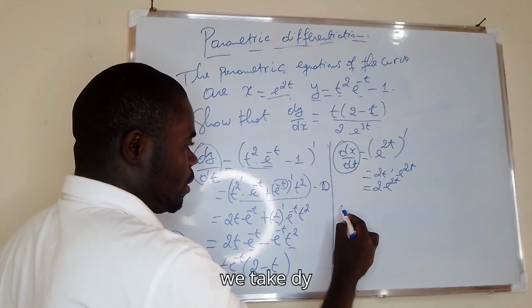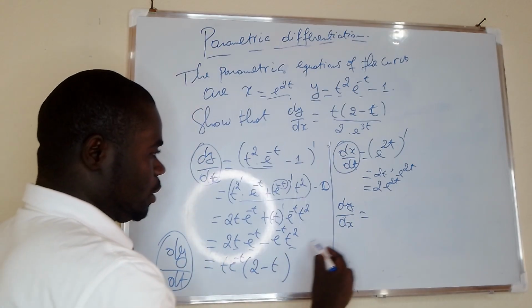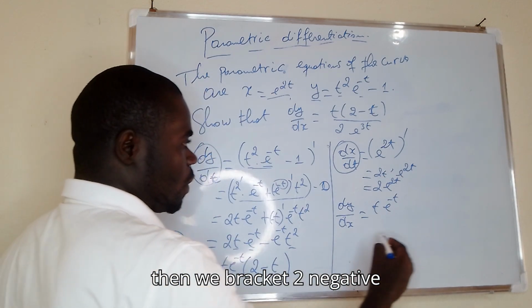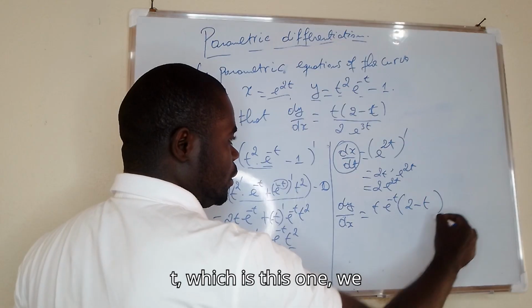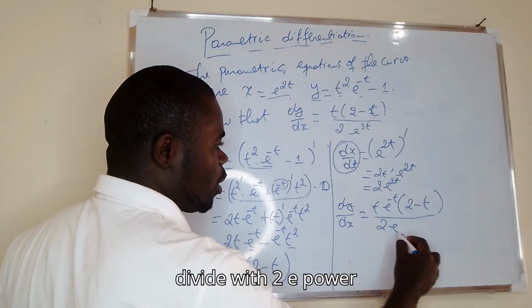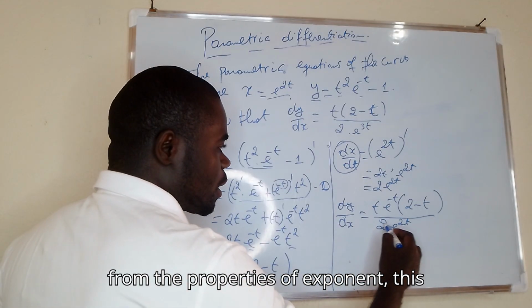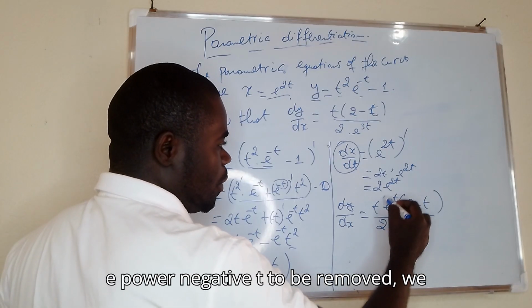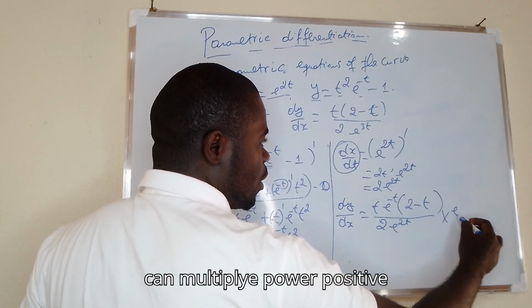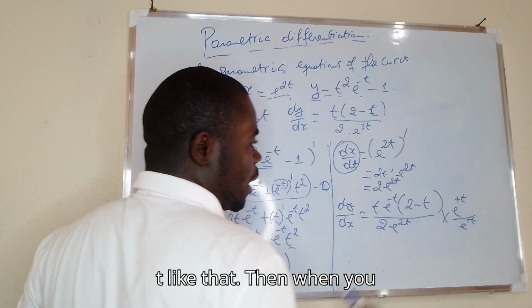We take dy/dx is equal to t e^(−t)(2 − t), which is this one, divided by 2 e^(2t). So, from the properties of exponents, for this e^(−t) to be removed, we can multiply by e^(positive t).